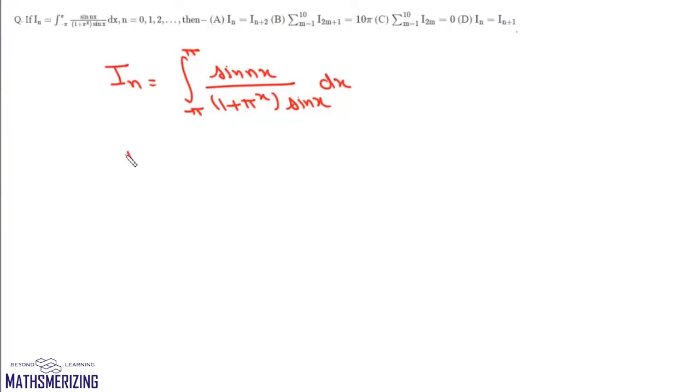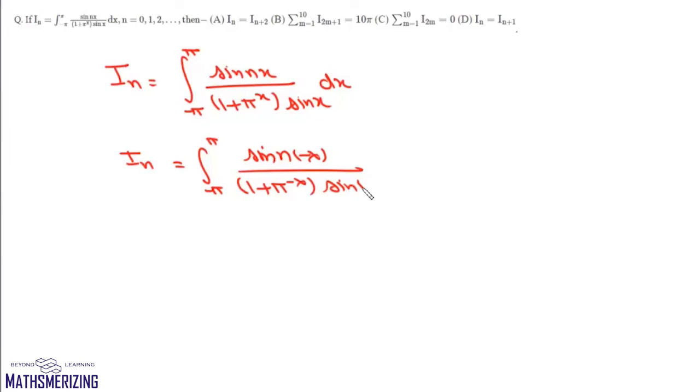So we can write this In will be this integral from minus pi to plus pi sin n minus x, and here it is 1 plus pi to the power minus x, and this is sin minus x dx. Now minus and minus will be plus, and we can write pi to the power minus x as 1 upon pi to the power x.